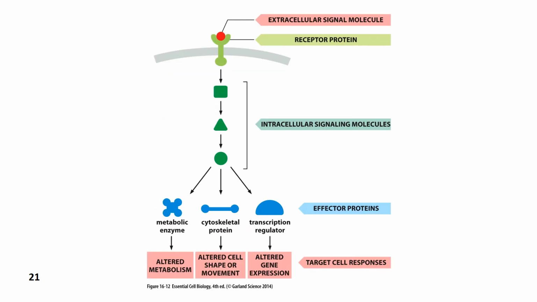Here we see an example of a typical intracellular cascade that results when a hydrophilic signaling molecule binds to a cell surface receptor and induces a shape change such that intracellular signaling molecules that we term second messengers become activated. Each of these second messengers can induce the activity of effector proteins that will induce target cell responses.